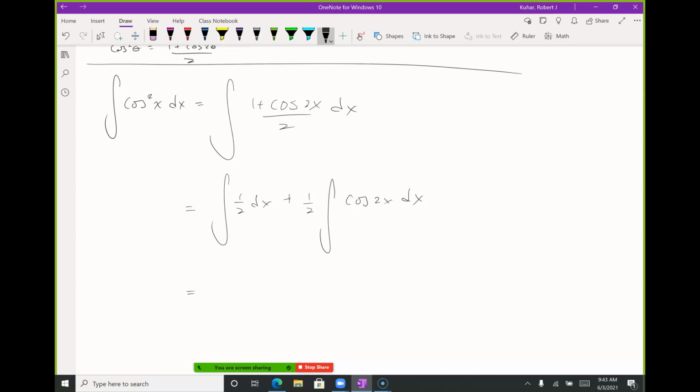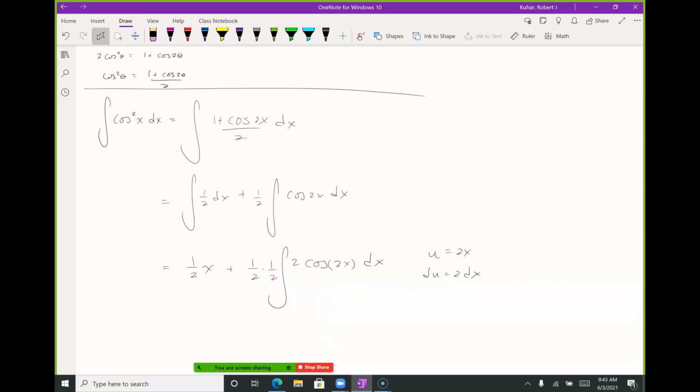So the first integral is just half of x, and the second one, I need a u sub. So clearly the inside u is 2x and du is 2 dx. So I need the 2 and I need to cancel it with a half. So I've got half of x plus 1/4 of the integral of cos of u du.